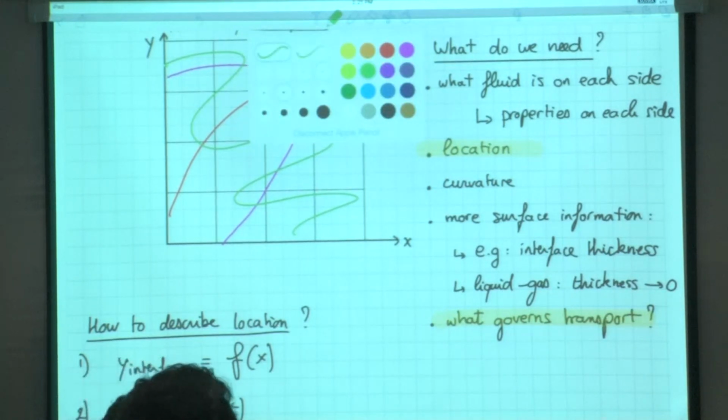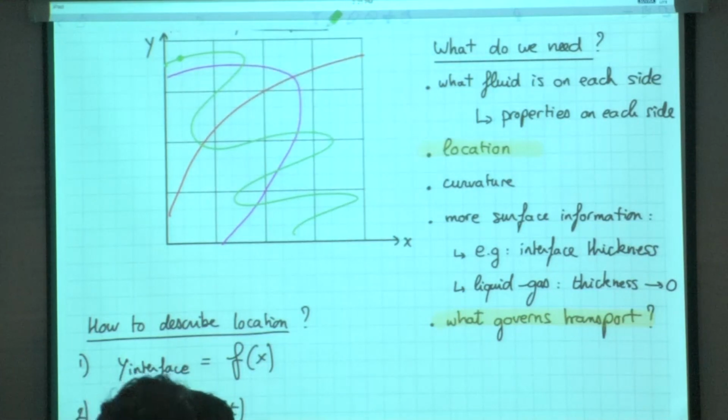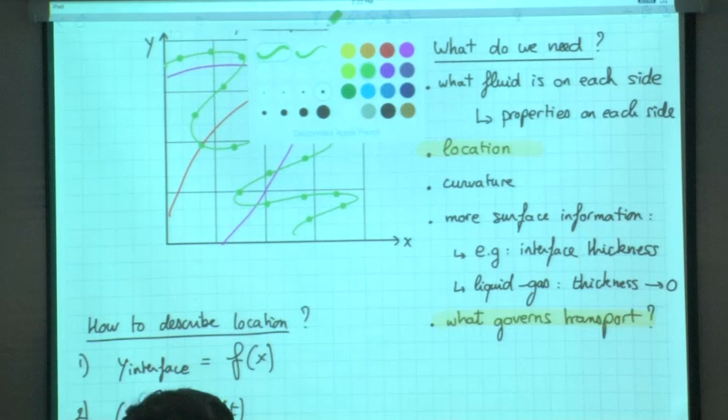If I were to distribute markers, so if I were to create a collection of positions like this, I would be able to represent that interface.